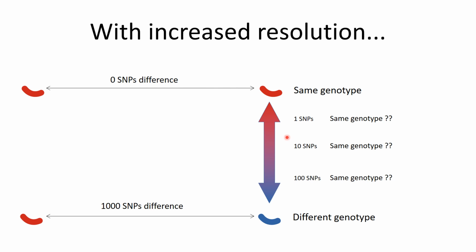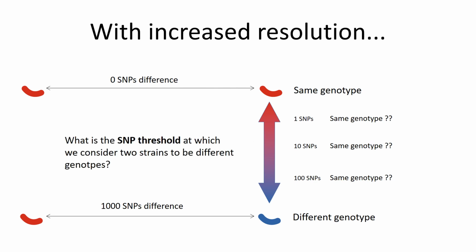So in short times of evolution that happen when one patient transmits to another patient and that patient develops active TB disease that might happen, several years can happen, how many SNPs at most we expect so we can put a threshold that defines recent transmission? In other words, what is the SNP threshold at which we consider two strains to be different genotypes, or the other way around, to be the same genotype?